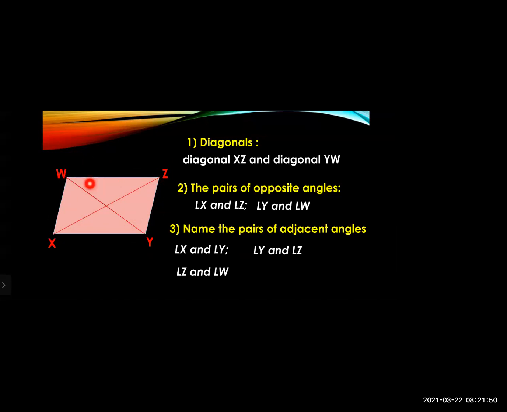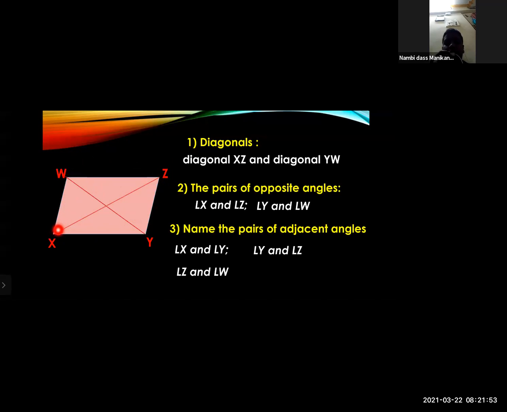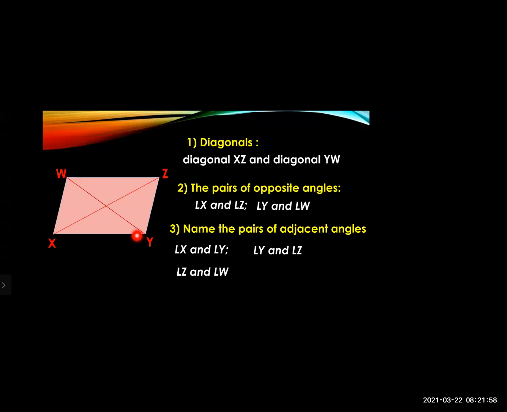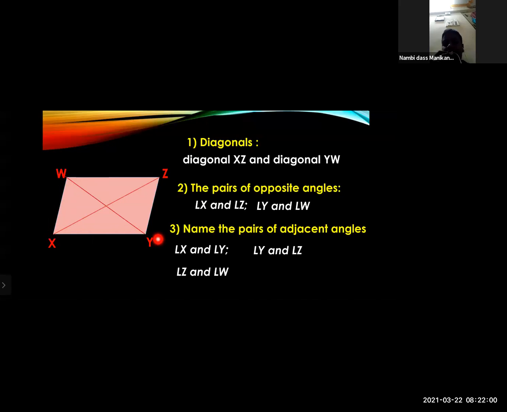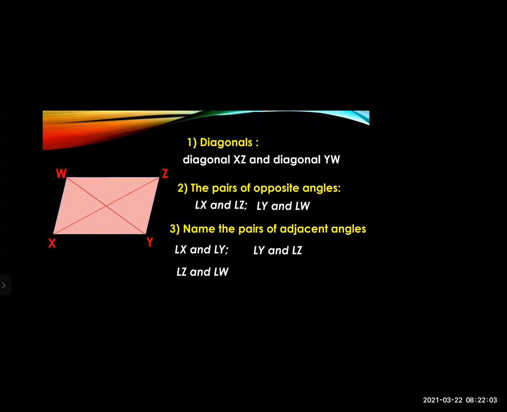See angle ZWX, angle W and angle WXY, XYZ. Okay, this one is over. So angle W and angle X. So ZWX and WXY are the pairs of adjacent angles. Or you can directly write like this: angle X and angle Y are the adjacent pair, and angle Y and angle Z. See the neighboring angles, you can write it down. Okay, very good. Good try, everyone.